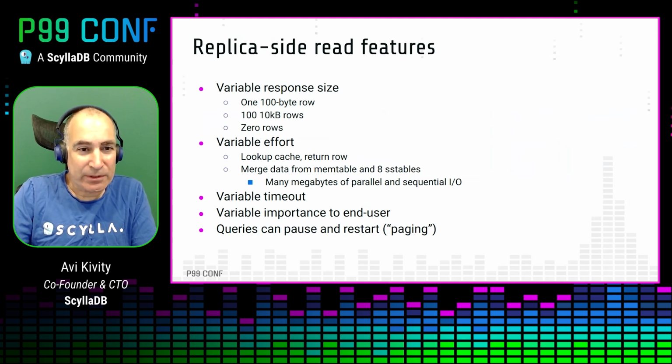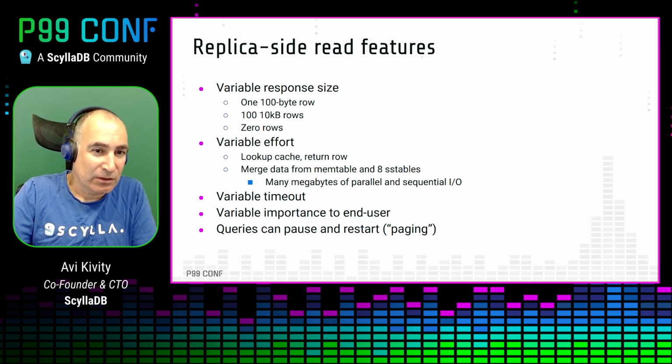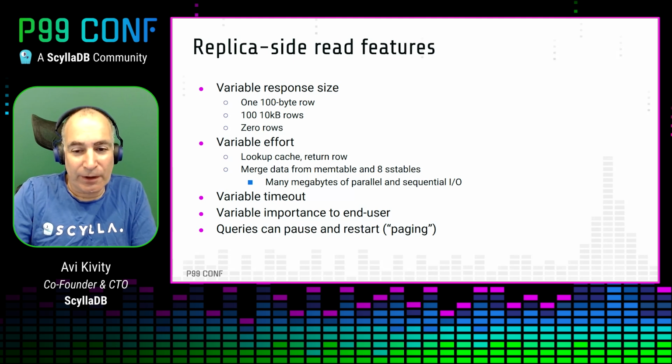So what happens at the replica? First, the response size can be very variable. You might be selecting a row that has a few dozen bytes, so say a key value schema, or you might read 100 rows that are some number of kilobytes or thousands of rows that are smaller.